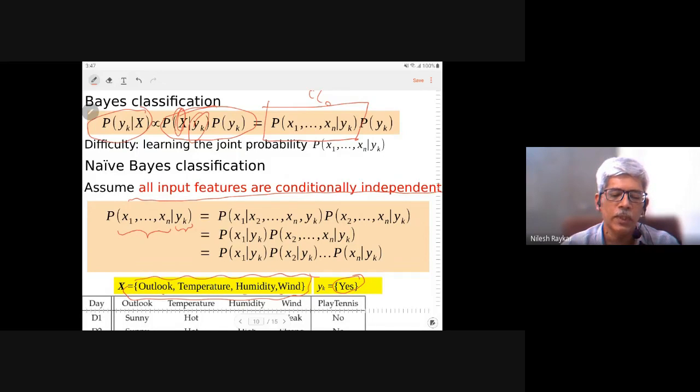This left hand side can be written as the probability of having the first feature, so let's say the first feature is outlook. What is the probability that outlook will be sunny when the remaining terms are there, so playing tennis yes, and humidity is whatever, and so on. Multiplied by the probability of having the remaining pattern, so except x1, all the remaining pattern with playing tennis.